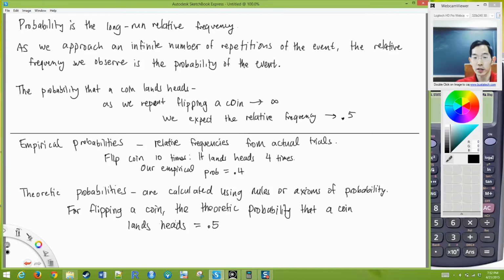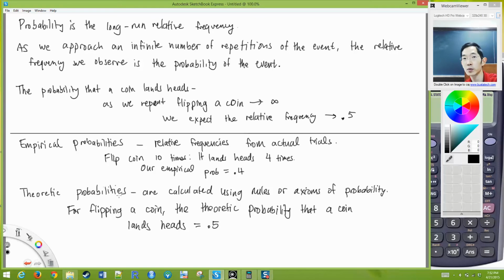The rest of this chapter will focus on calculating theoretic probabilities and using them, or, well, I wouldn't say all of it, okay? A large portion of our chapter will depend on theoretic probabilities, okay? But empirical probabilities are useful to us when the math behind theoretic probabilities gets really complicated.